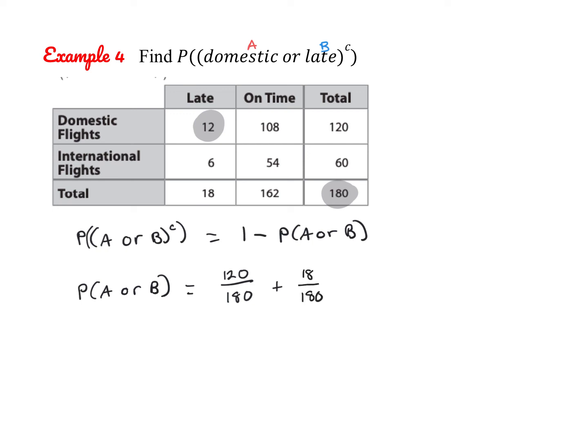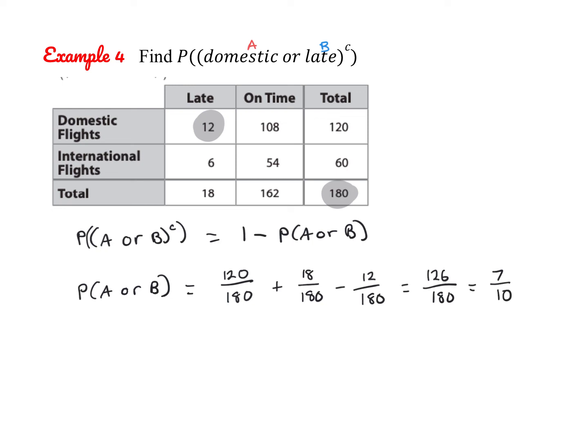And then we need to subtract away the overlap, the probability of A and B. So there are 12 late domestic flights. So 12 out of 180. So this gives us 126 over 180, which is a probability of 7 out of 10.